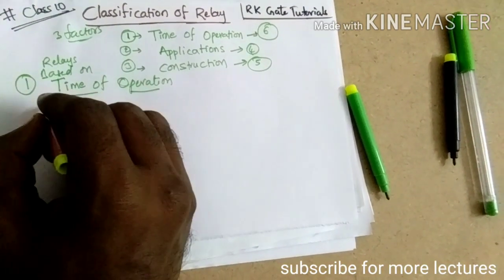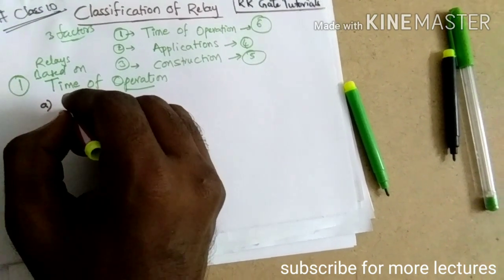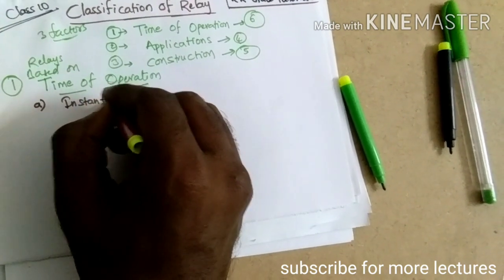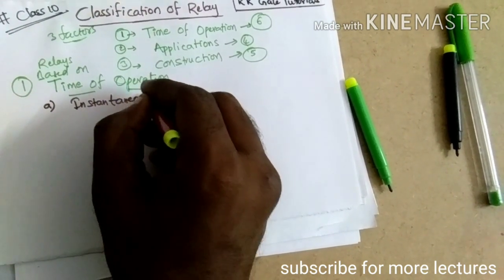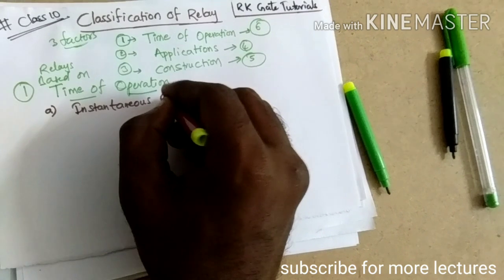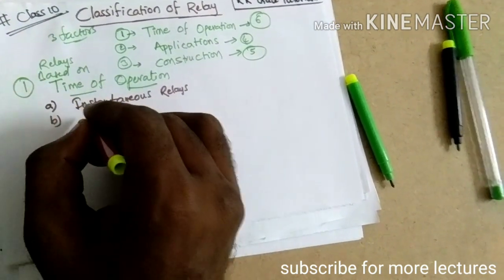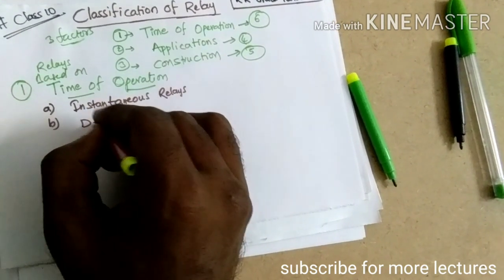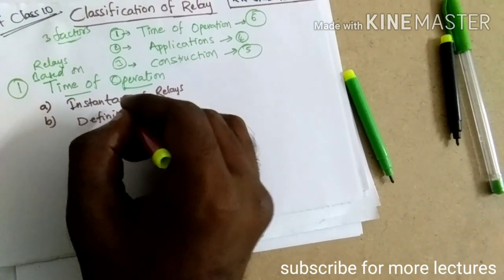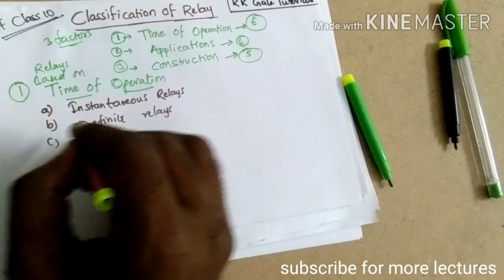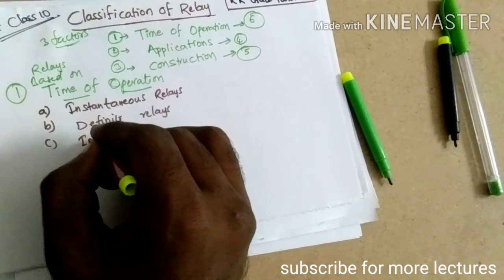First one is instantaneous relays. Second one is definite relays. Third one is inverse relays.